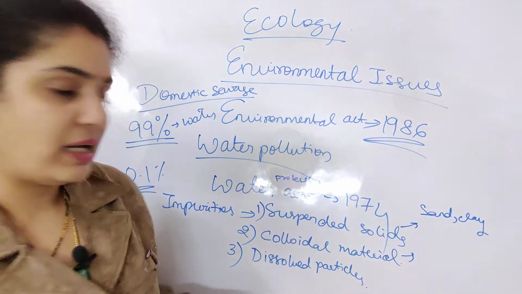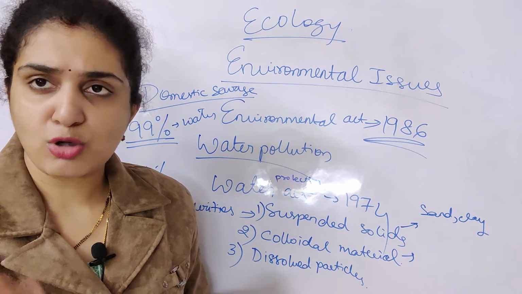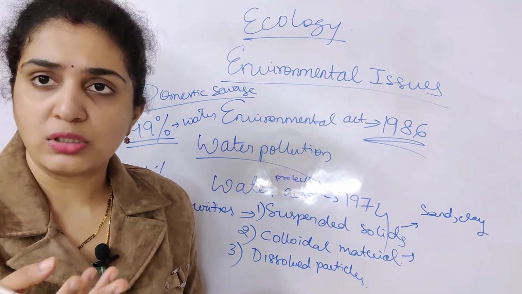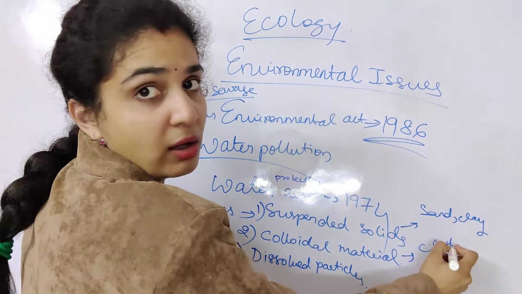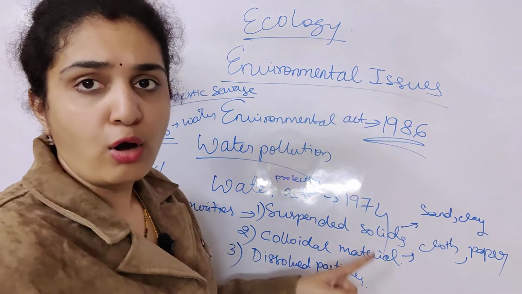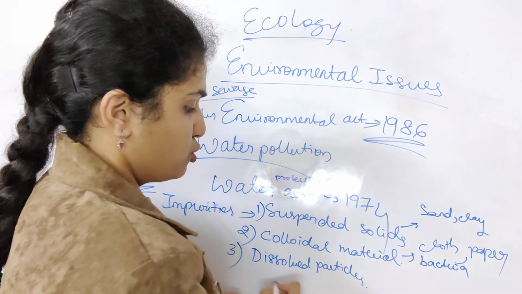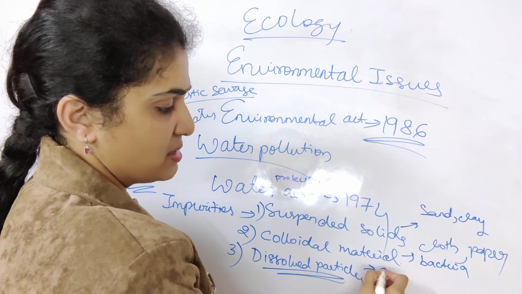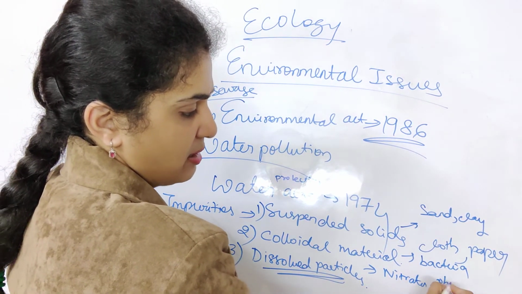Under colloidal material, the most important things are the bacteria, the cloth, the paper; all will come under colloidal material. Dissolved particles means nitrates, phosphates, everything.